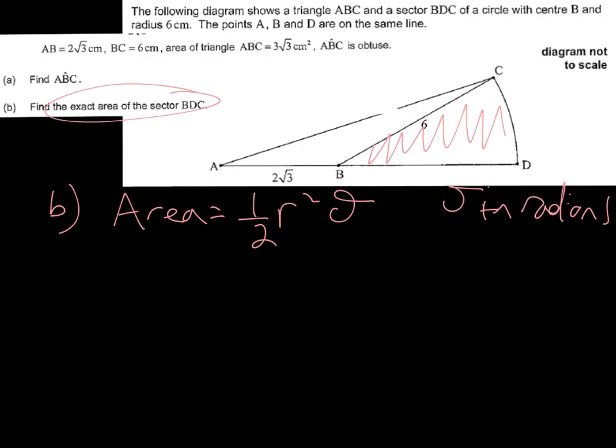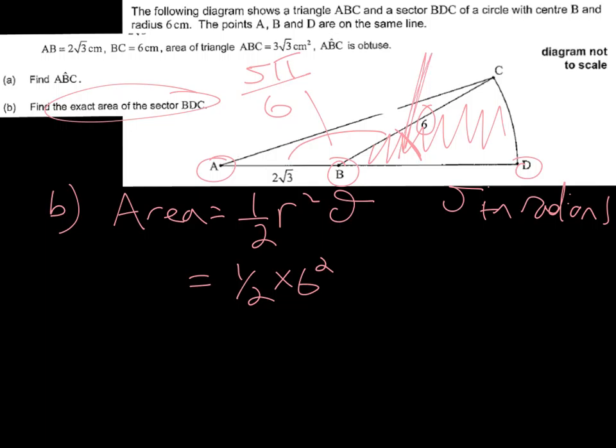Half times r squared, well, we know what r is because the radius is here. So that's going to be half times 6 squared. Theta, well, we've just been asked to find this, and we've said this angle here was 5 pi by 6, which we expressed in radians. We're also told that points A, B, and D lie on the same line. Therefore, this angle here must be 180, or pi, minus this angle here, 5 pi by 6, which is therefore going to give us pi by 6.